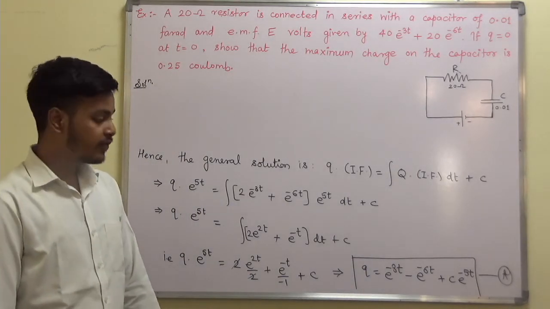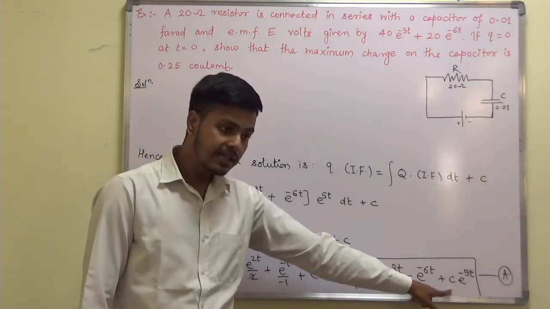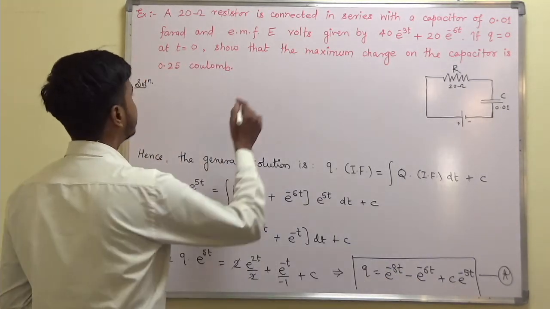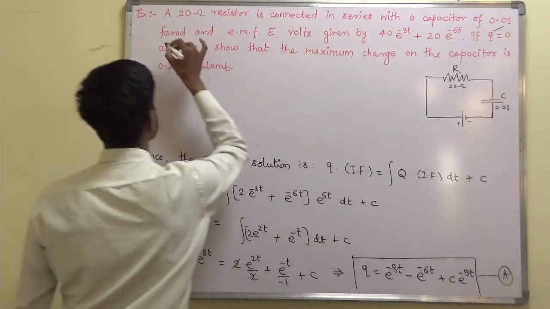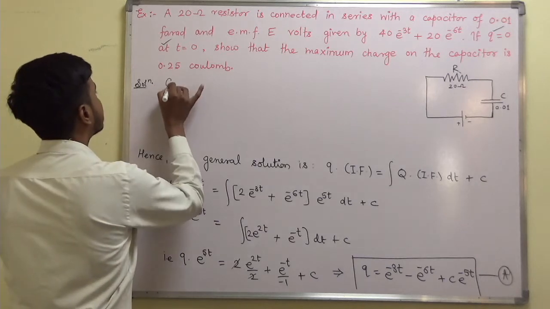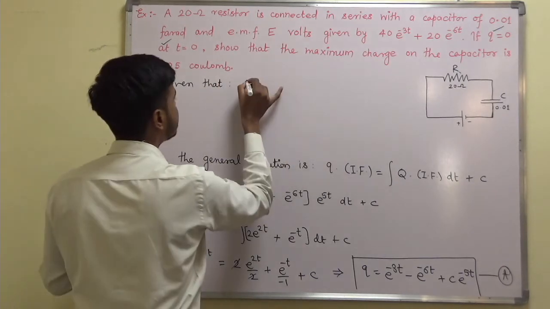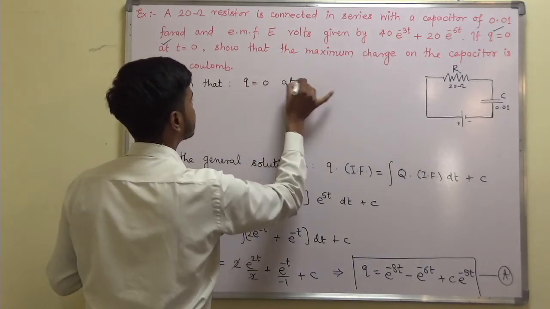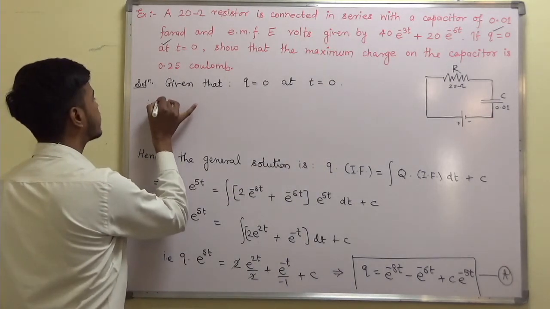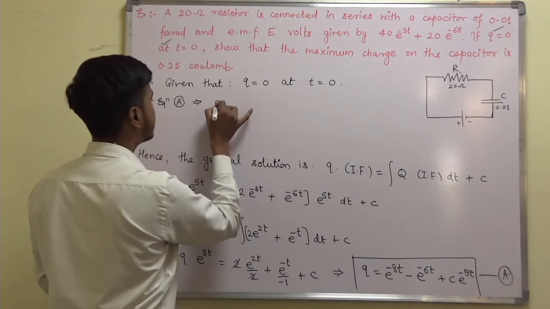Okay, now we have the solution of the linear differential equation, but it contains a constant, and the value of this constant can be found out by the condition given in the example. Okay, so given that q is equal to 0 at t is equal to 0, therefore equation A implies, what is it? q equal to 0.